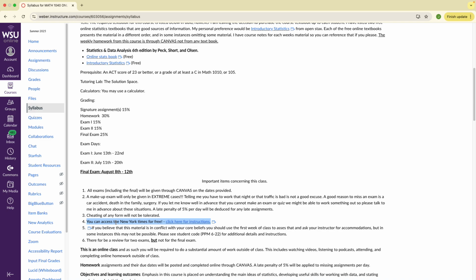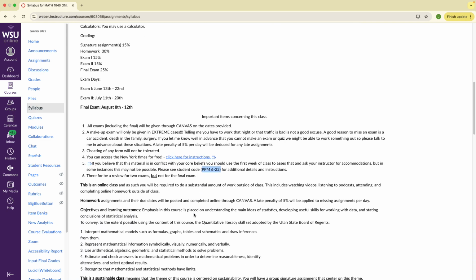For instance, there are some resources for your projects through the American Statistical Association that can be useful, especially if you're choosing another project. If this class violates your core beliefs, you need to refer to student code PPM 622, and try and contact me immediately so we can come to a resolution.